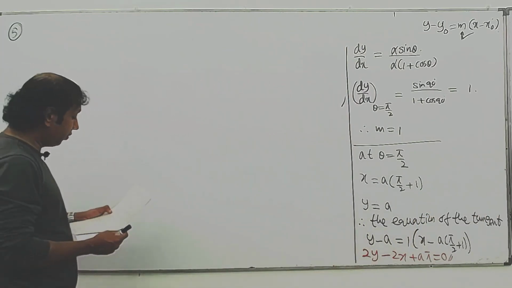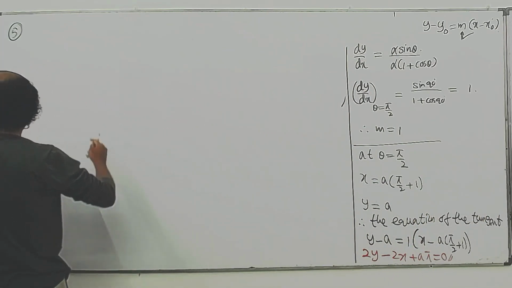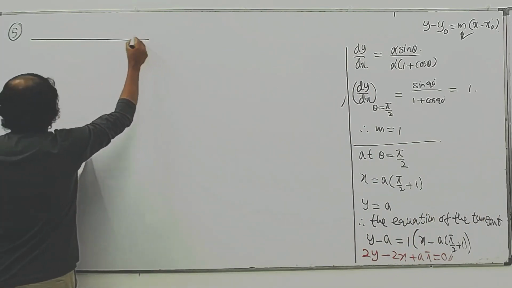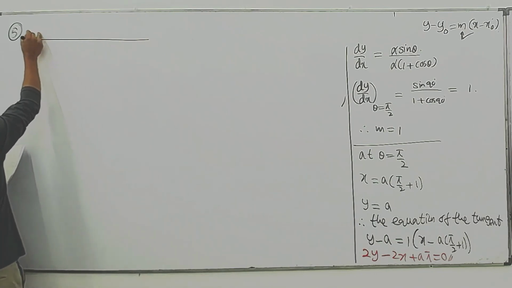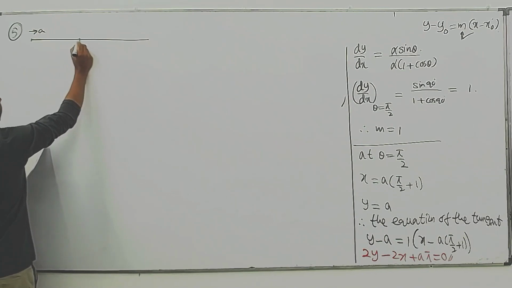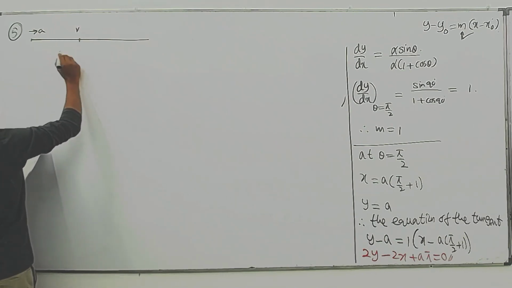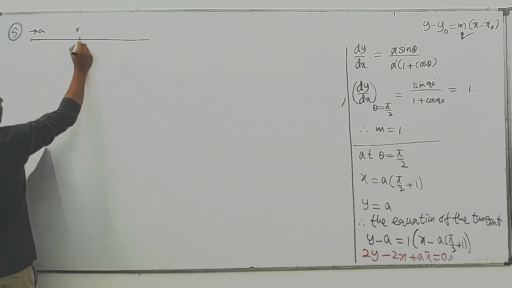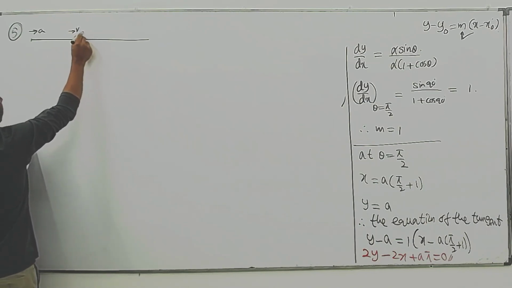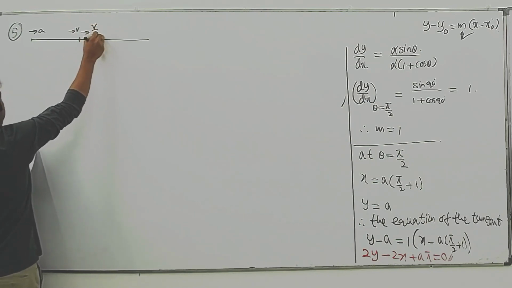If I sketch this one, the particle moves with acceleration a and gets the velocity v, suddenly strikes the obstacle and then reduces the velocity to v by 2.